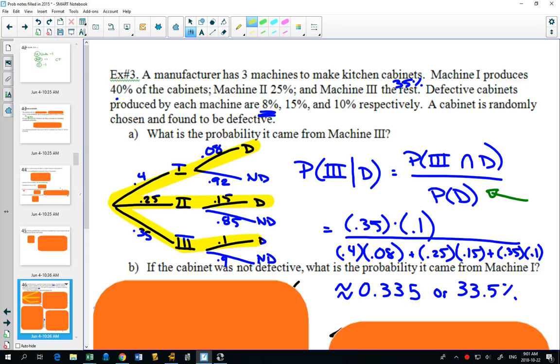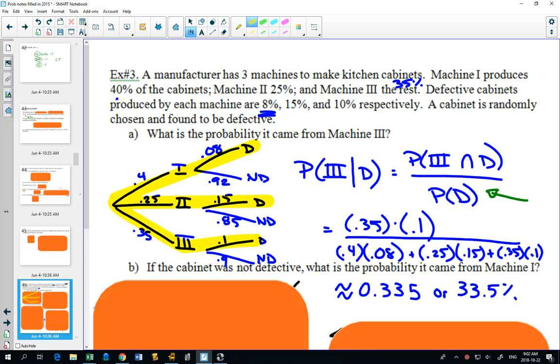So even though machine 3 produces the lowest percentage of defective cabinets, there's an over 33% chance, just barely, that this one came from machine 3.